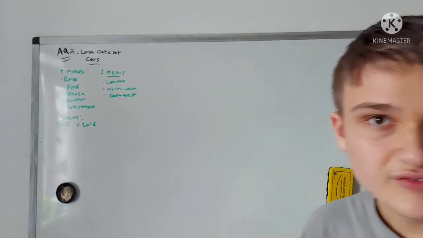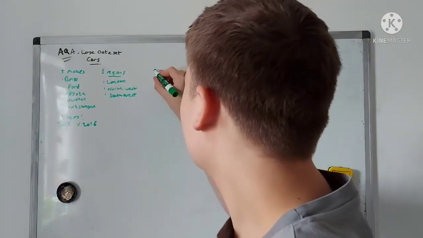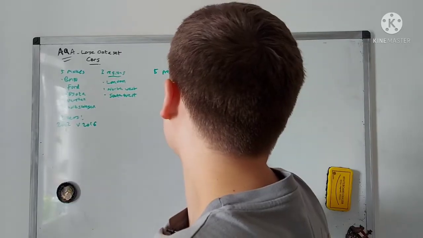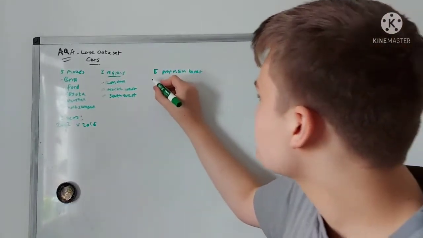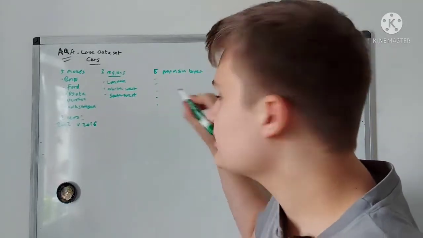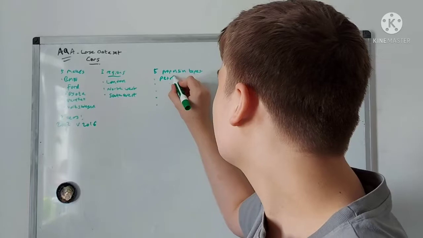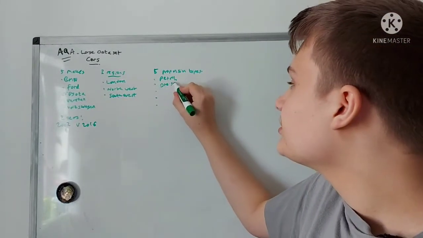There are also 5 types of propulsion. If you're watching this as a recap video, I would make notes of these. These are quite useful. We have petrol. We have diesel. Of course we have diesel, it's a classic.